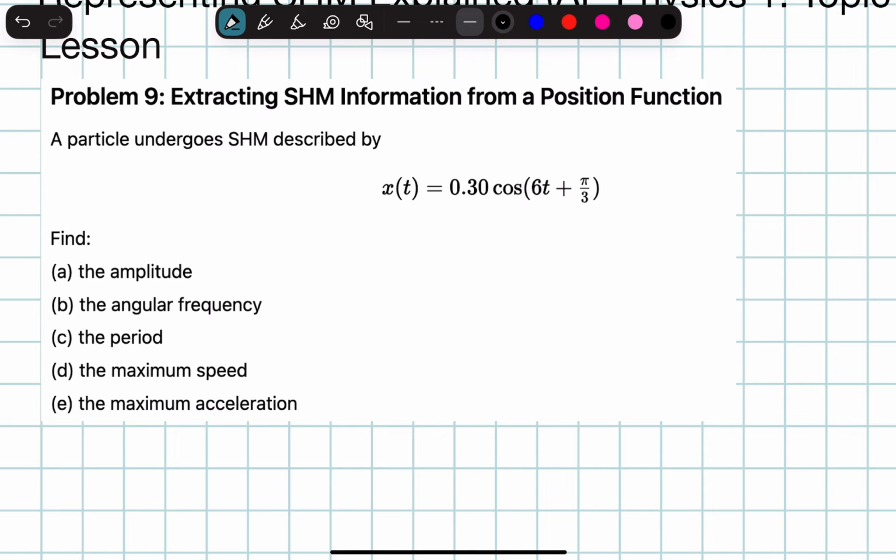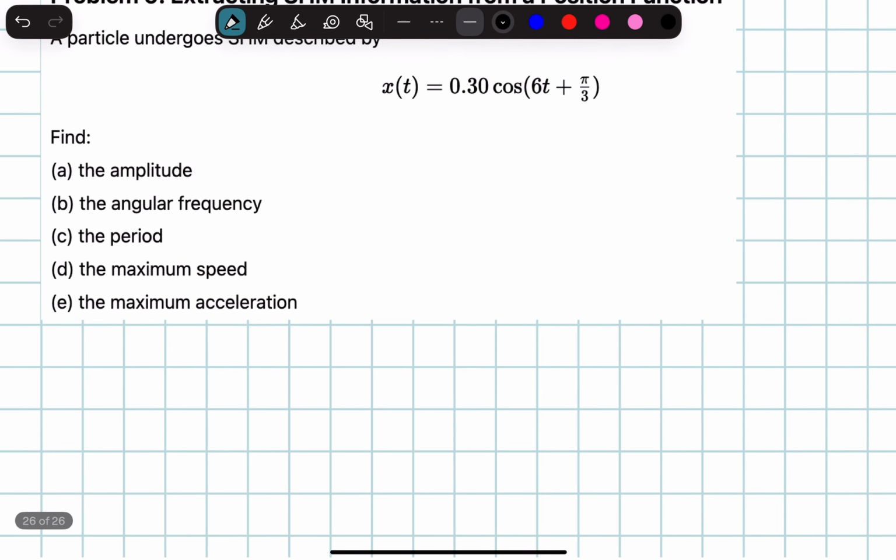A particle undergoes simple harmonic motion described by x of t is equal to 0.3 cosine of 6t plus pi over 3. Now starting off with the amplitude, A is equal to 0.30 meters. Omega is equal to 6 radians per second. Period is equal to 2 pi over omega, 2 pi over 6, pi over 3 seconds.